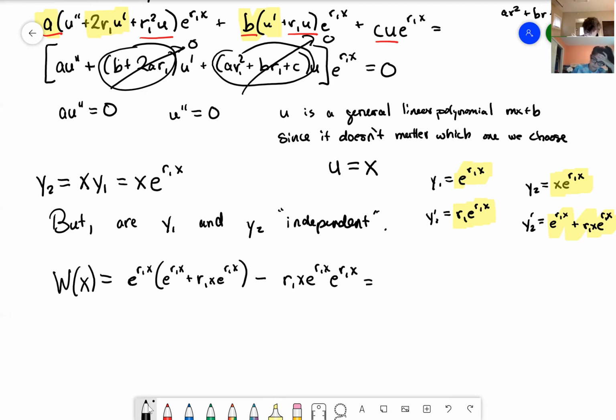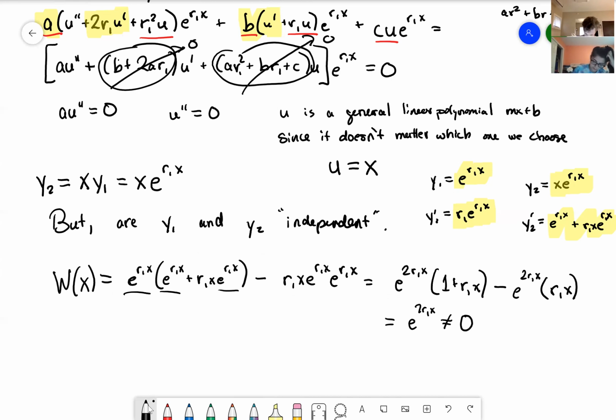So rewriting this, we get this e to the r1x times this e to the r1x in both these terms here. So we get e to the 2 r1x times 1 plus r1x, and then minus, we have an e to the 2 r1x times r1x. And so what we get at the end is just e to the 2 r1x. And that's, of course, non-zero.